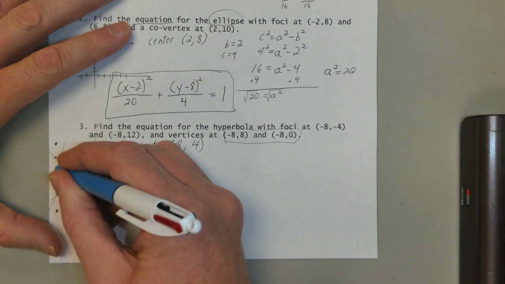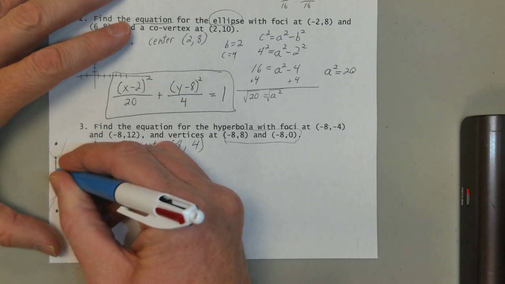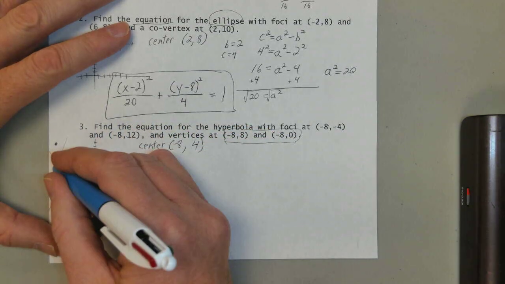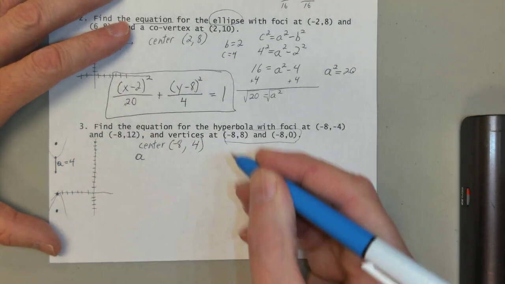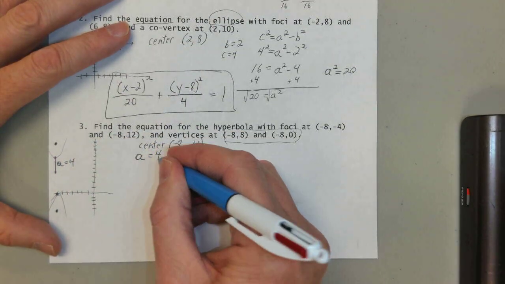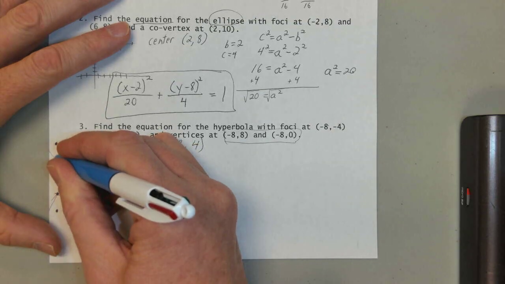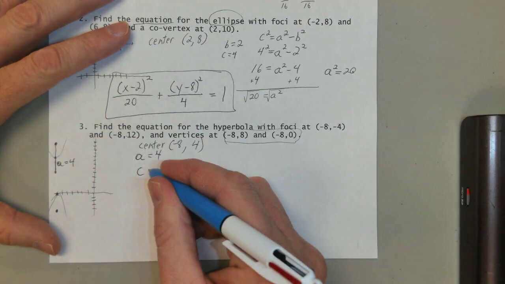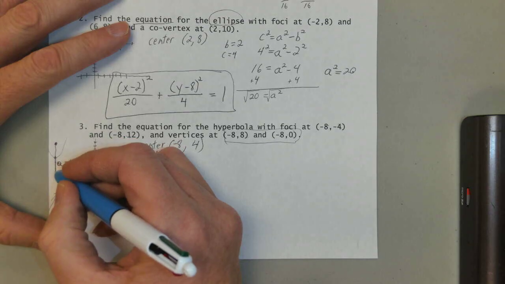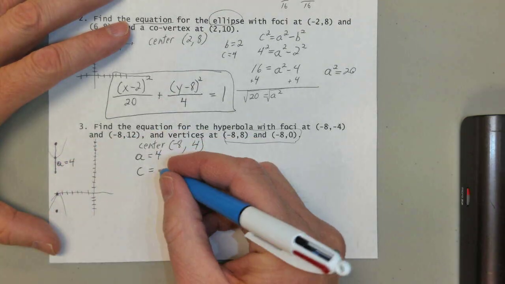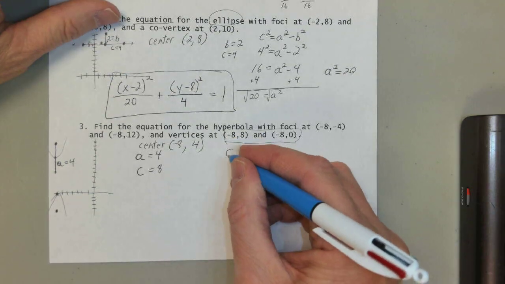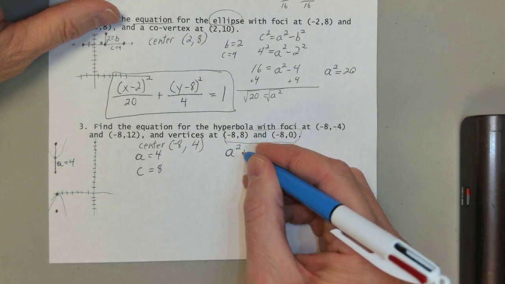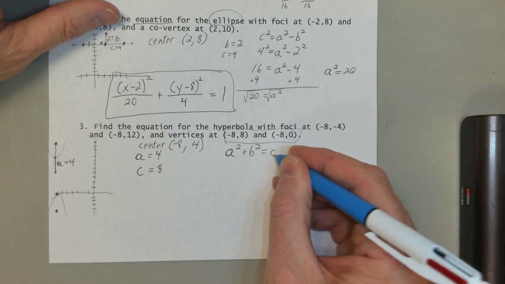A is the distance from the center to a vertex, so this is A, and it's 4 units. A equals 4. C is the distance from a focus to the center. C is equal to 8, and in a hyperbola, a squared plus b squared equals c squared.